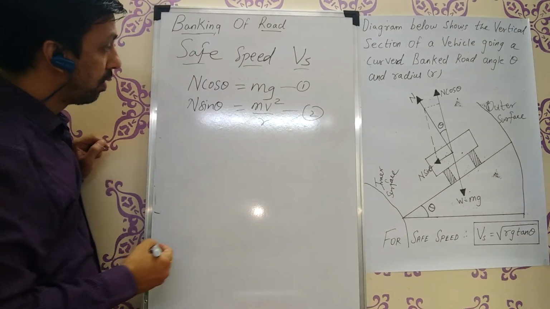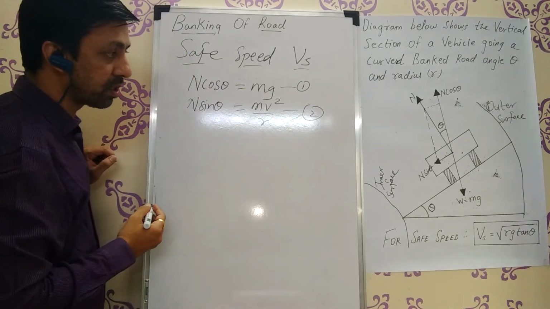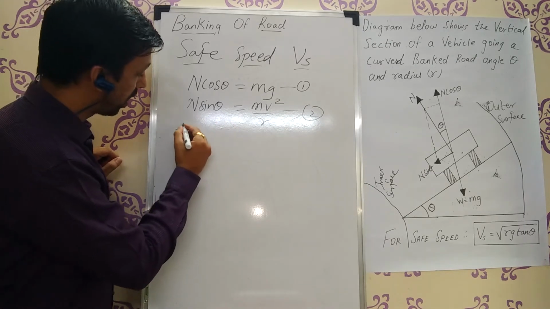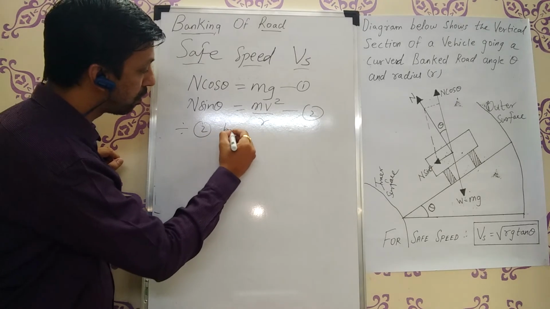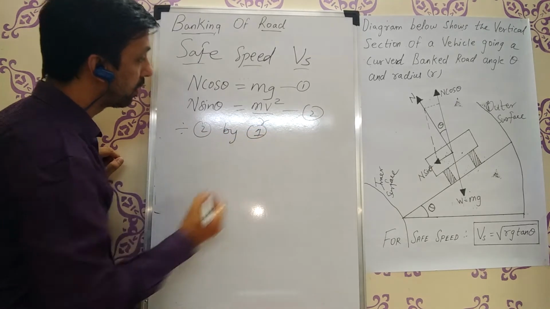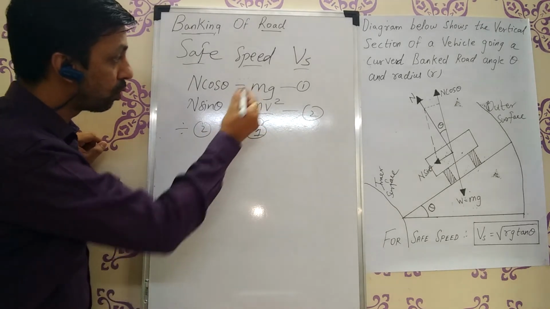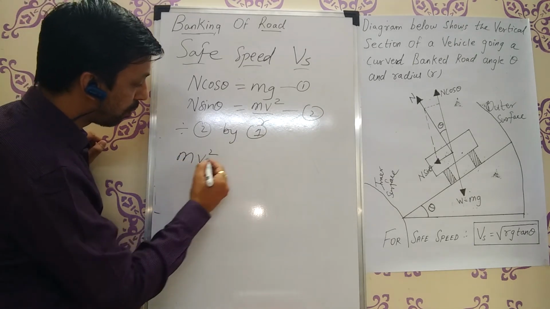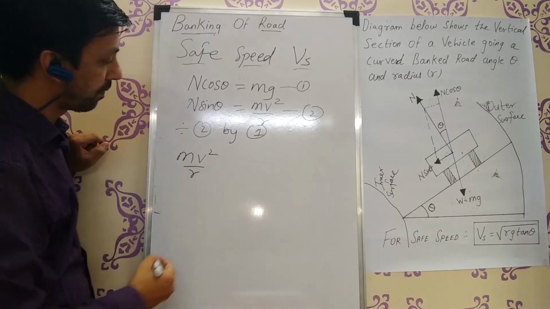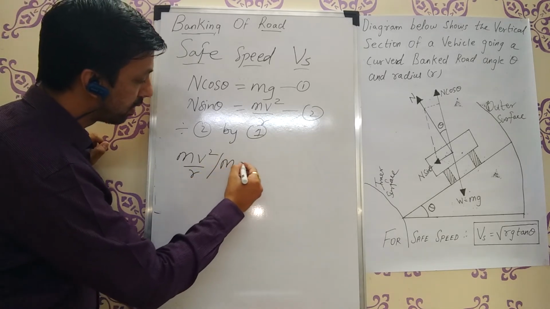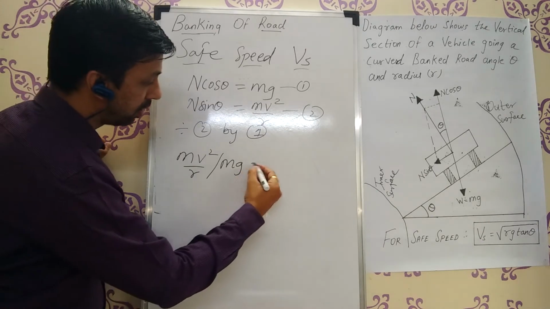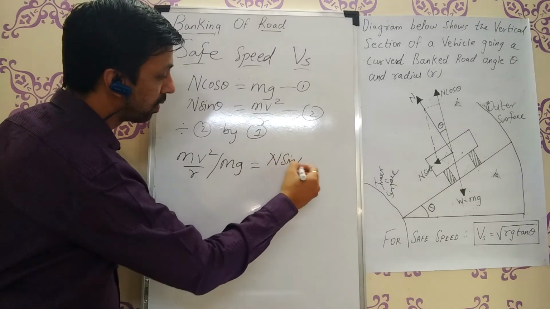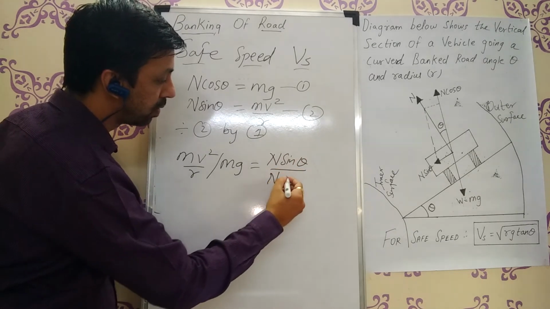When we divide equation 2 by 1, what are we going to get? We are going to get mv square upon r divided by mg is equal to N sin theta upon N cos theta.